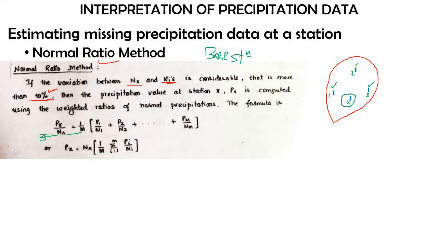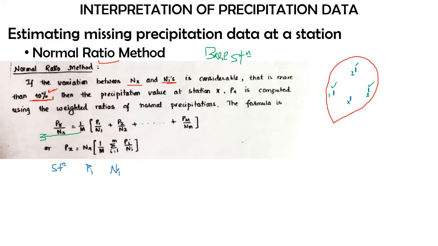Okay, now keeping that in mind, let us take an example of a particular set of data and then try to calculate the things. So first is your station name, then we have your Pi, that is annual rainfall, and then we have something called Ni, that is normal rainfall.